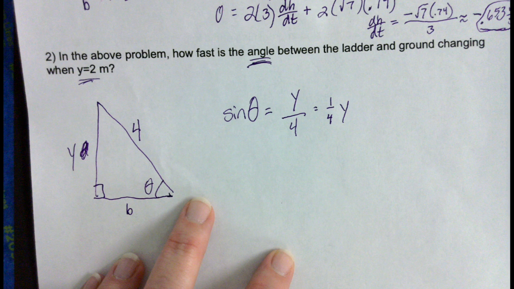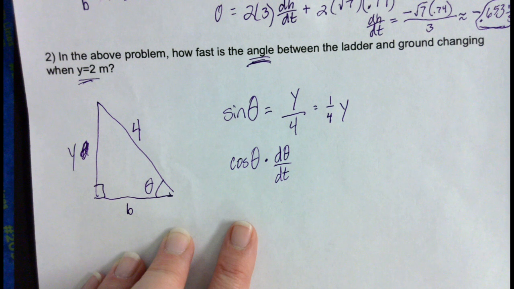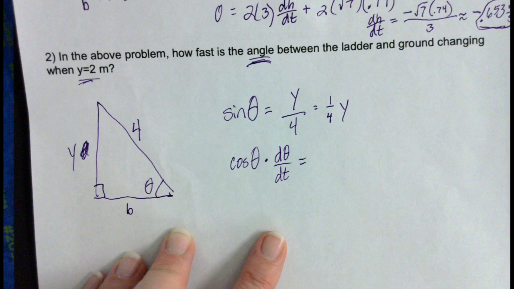So I'm going to put 0.74 right there. This is 1/4. I'm trying to find d theta dt. But y is the height. So what is the cosine of theta? Oh, it turns out I do need that.